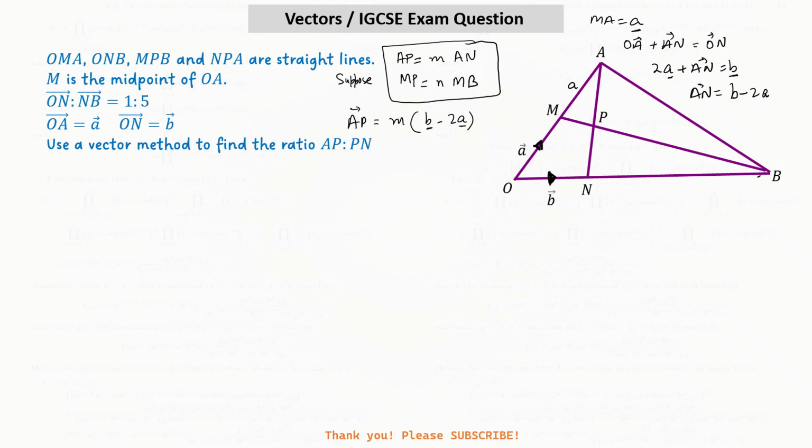Now MB you can write, so here we use the ratio ON is to NB is 1 is to 5.